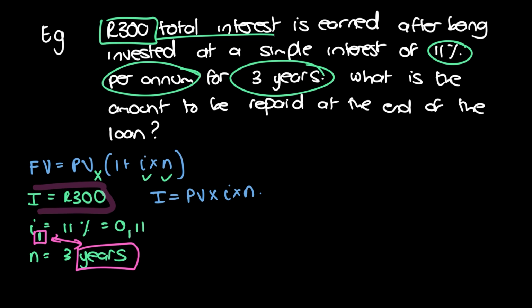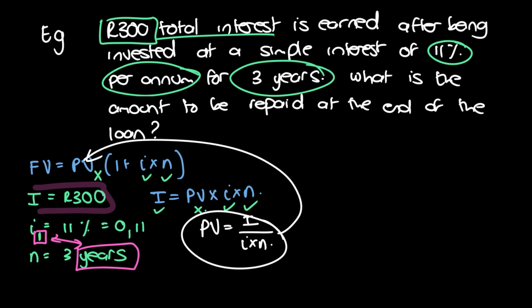Well, we have the small I, the small n, and the big I. We don't have the PV, but we have enough to find PV there because we have one unknown in that formula. So we can make the present value the subject of the formula. So if we make the present value the subject of the formula, so we have PV is equal to I over I times N, we can get the value of PV, and then we can sub that value of PV into here.